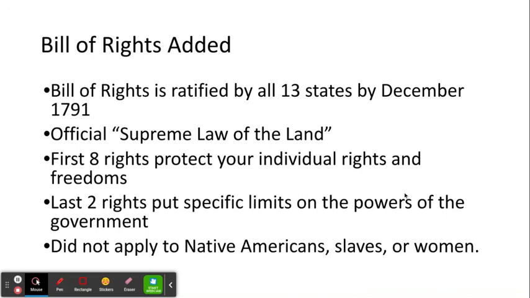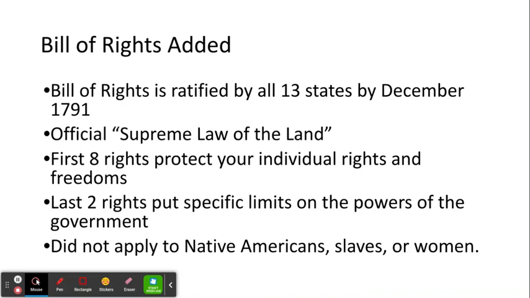It's also important to acknowledge that while all of us can appreciate that this is a whole new method of government that is guaranteeing rights to individuals, which has never happened before ever in human history, and that's really interesting, not everyone got to share in this new equal system of rights. Specifically, Native Americans were completely left out.